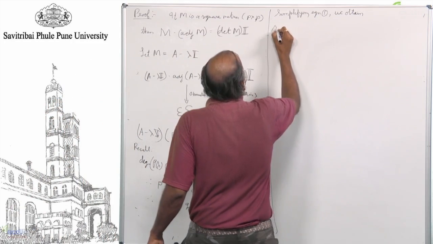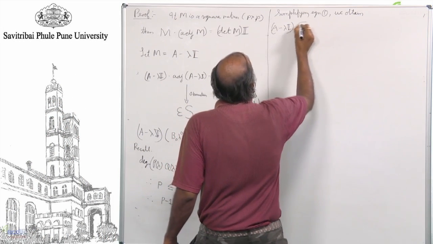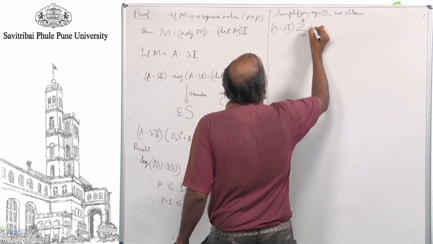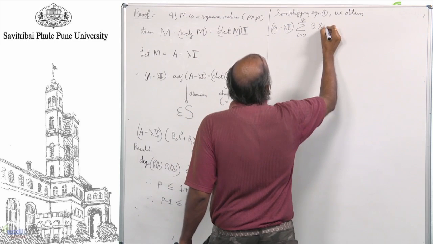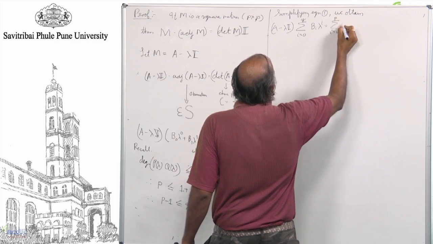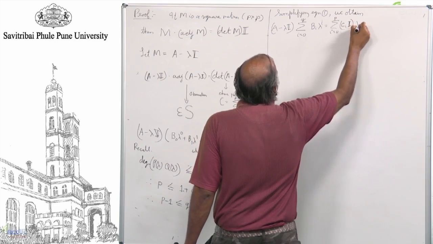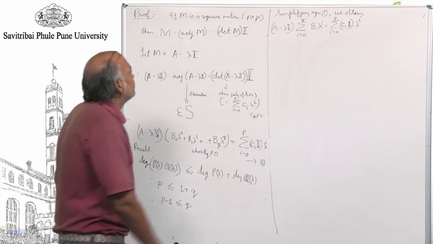So we get A minus lambda times identity, sigma over i equal to 0 to q, bi lambda to the power i equals sigma over i equal to 0 to p, ci times identity into lambda to the power i. This will remain the same mostly throughout.